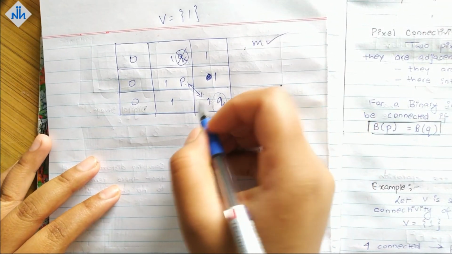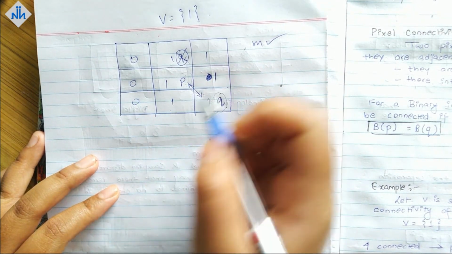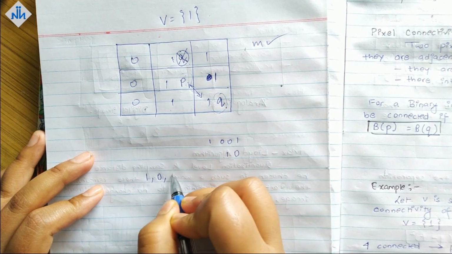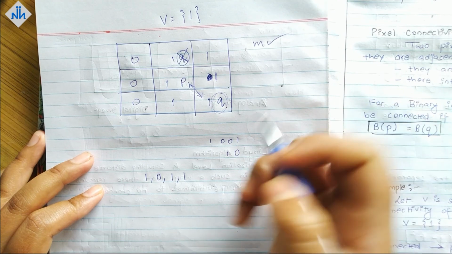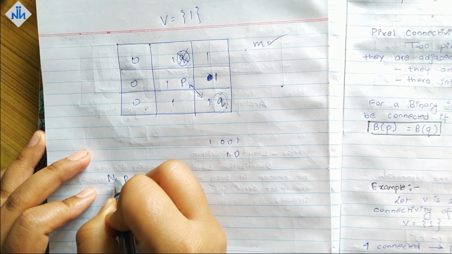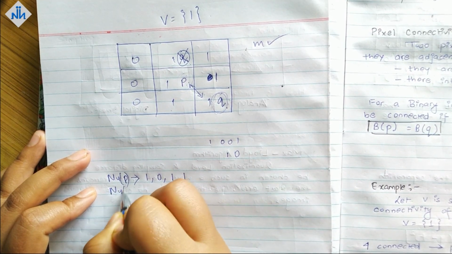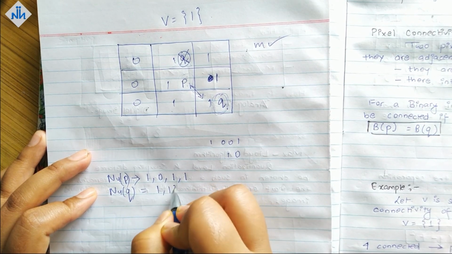So if we find out N4 of P, we will have 1 0 1 1. And if we find N4 of Q, it will be 1 and 1, 1 and 1.